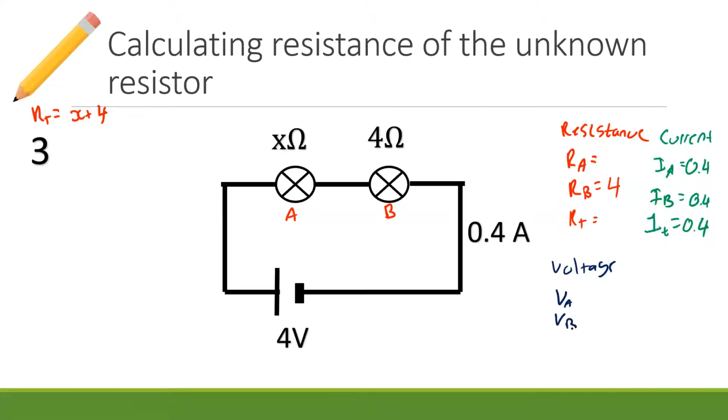The voltage through B, we don't know. It's not written. We do know the total voltage. The total voltage is going to be 4 volts because it's actually written on the battery. It's written in the question.